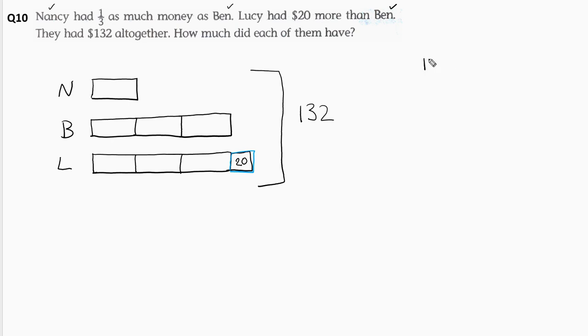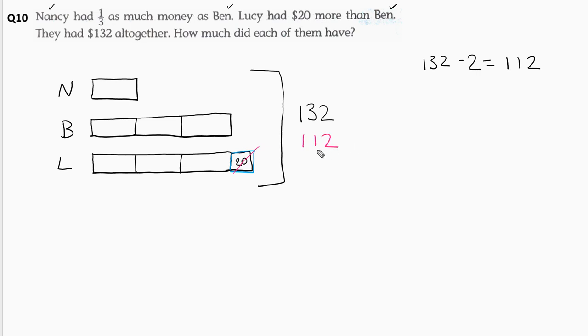So 132, take away 20. Okay, that is going to give us 112. Okay, that is the value if we take this bit away. So I'm going to imagine I'm taking away that 20, and that is going to give me this value of 112.